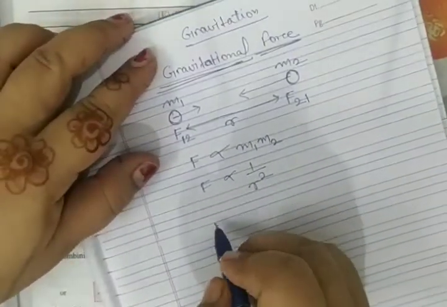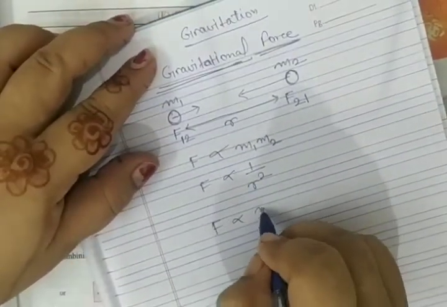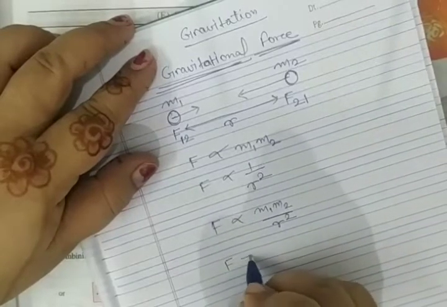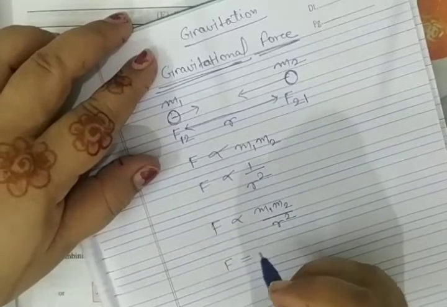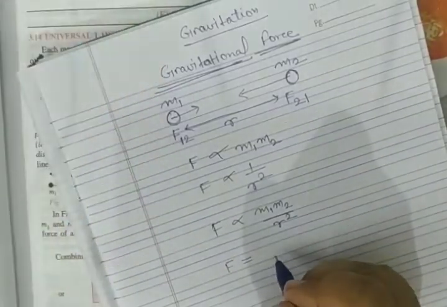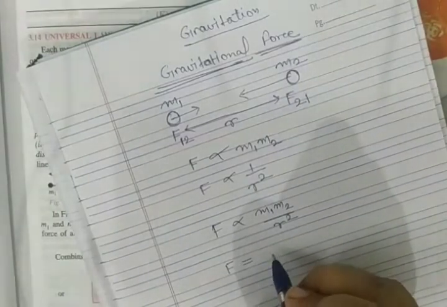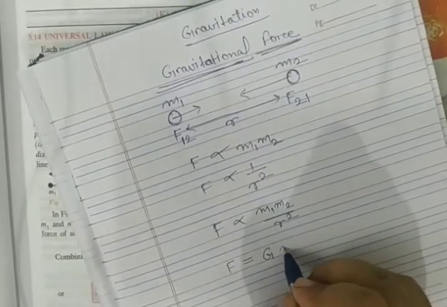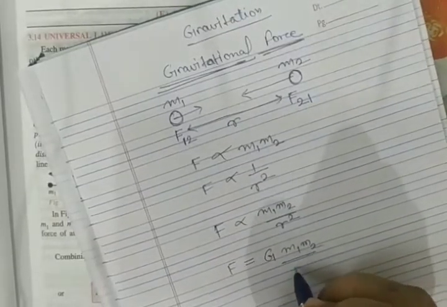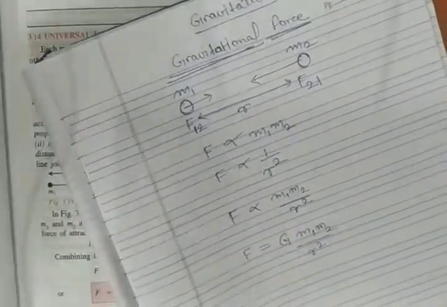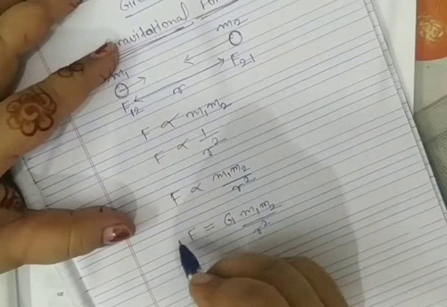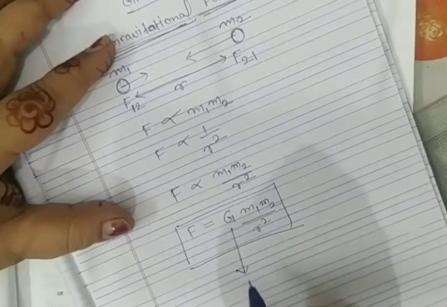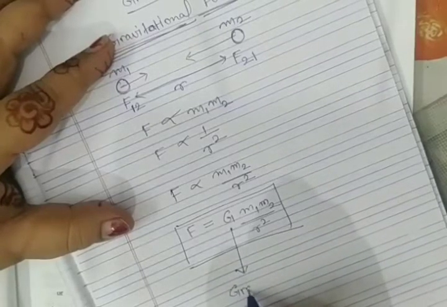Then combining these two, you can write F is proportional to m1 m2 upon r square, or when you replace the proportionality sign with the equality sign, you have to put a proportionality constant. So the proportionality constant here is capital G: F = G m1 m2 upon r square. This is the force due to gravitation, and G is known as the gravitational constant.